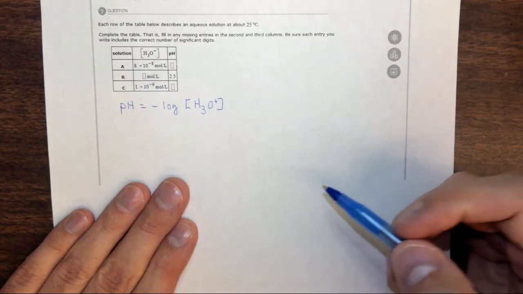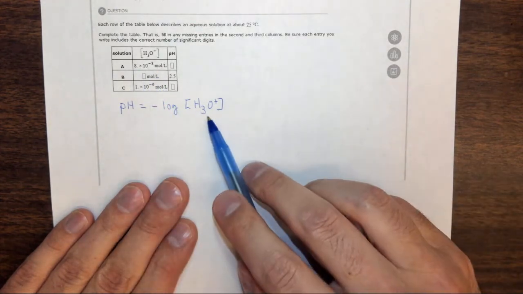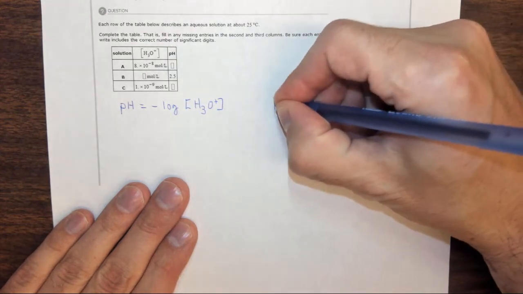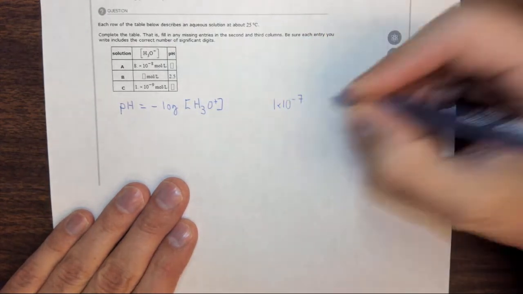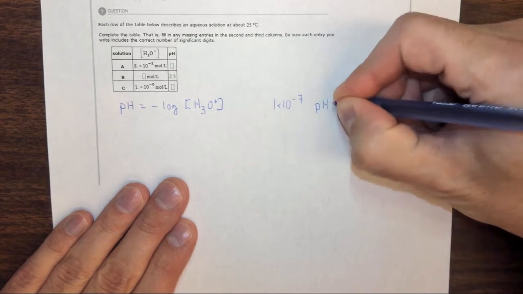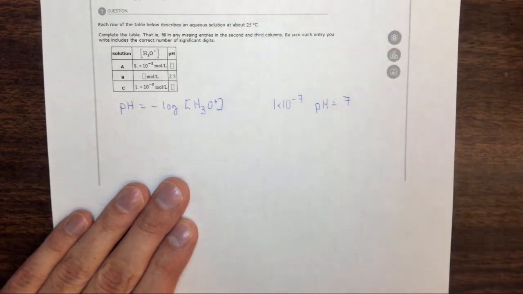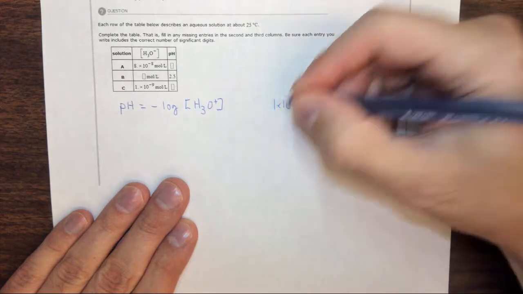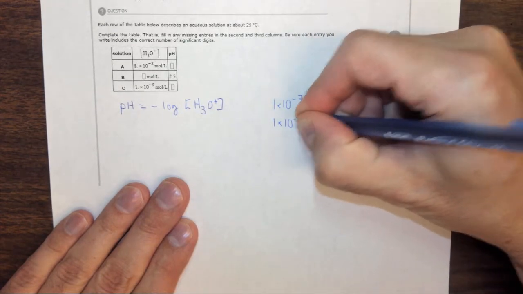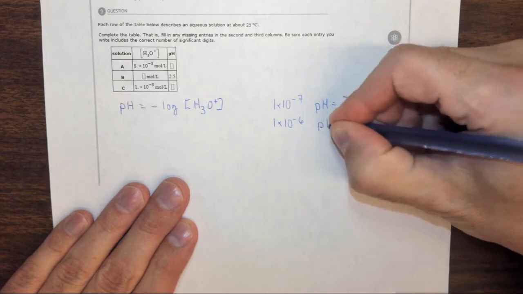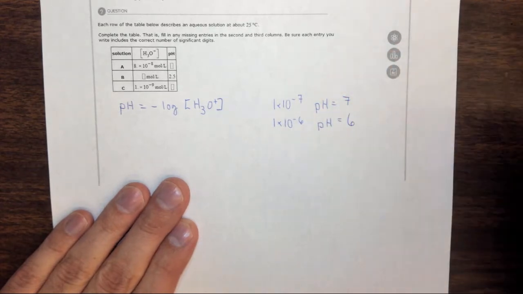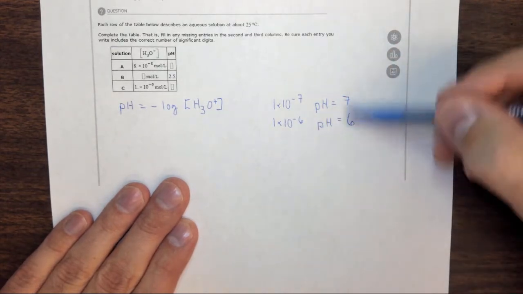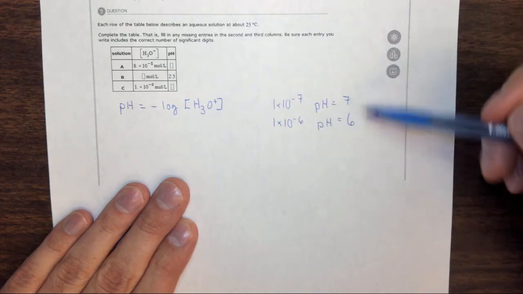So for example, if the concentration of H3O plus is 1 times 10 to the minus 7, then the pH equals 7. If this concentration goes up to 1 times 10 to the minus 6, the pH will equal 6. So pH makes these numbers easier to interpret.